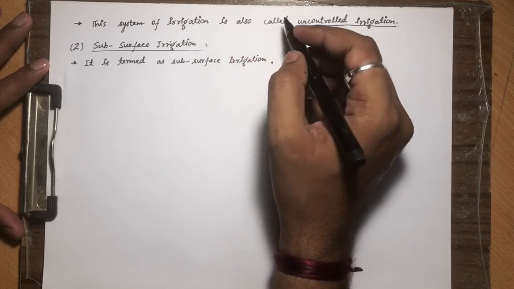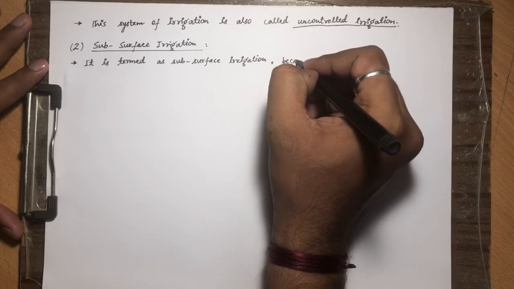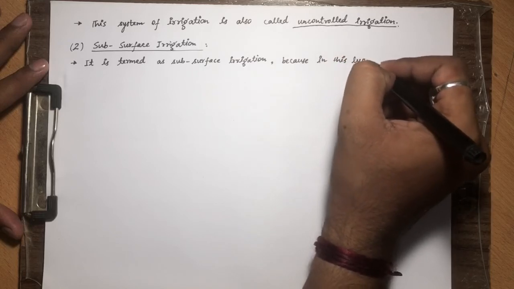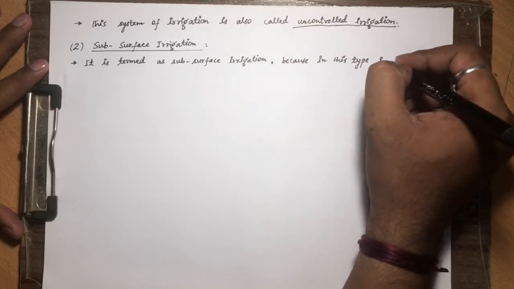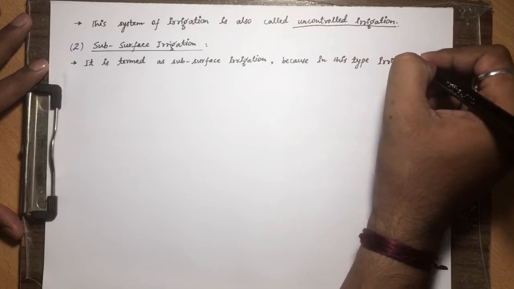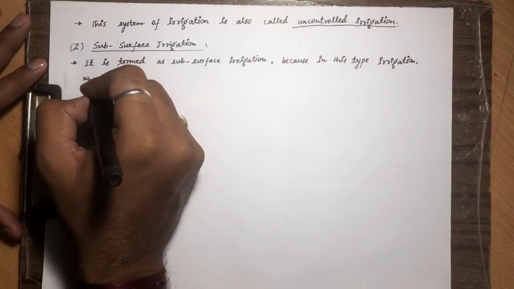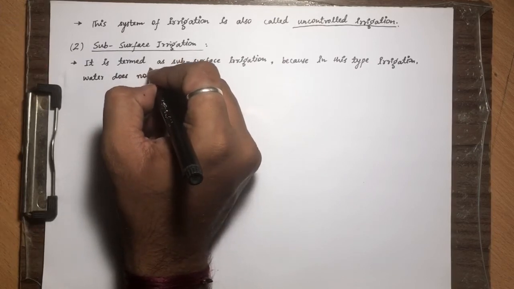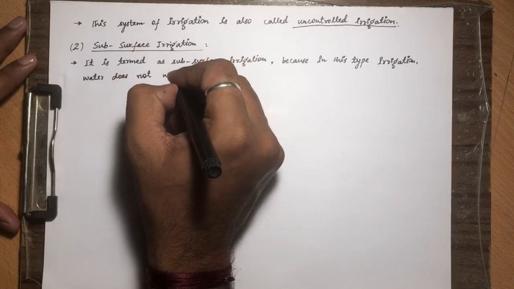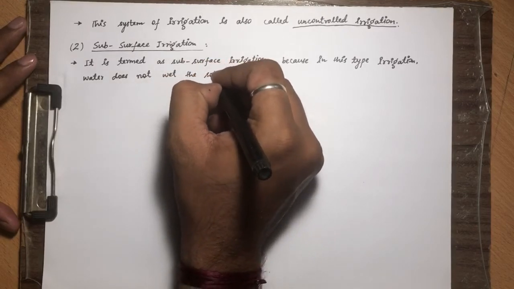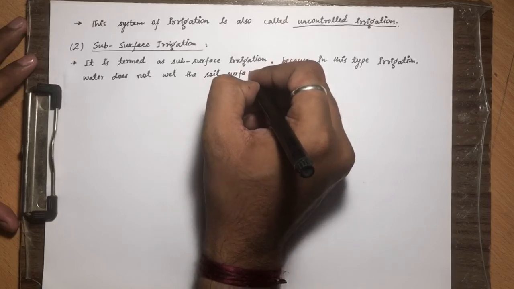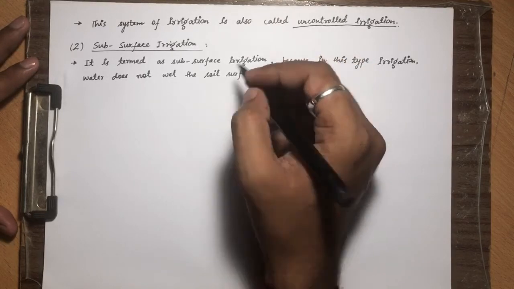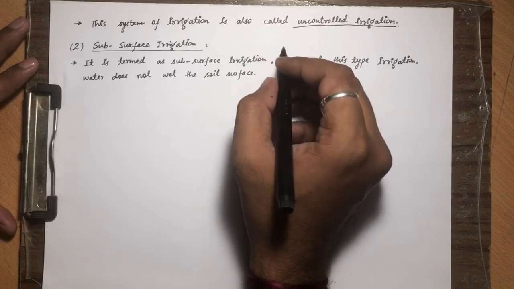It is termed as subsurface irrigation because in this type of irrigation, water does not wet the soil surface. We are not wetting the soil surface.